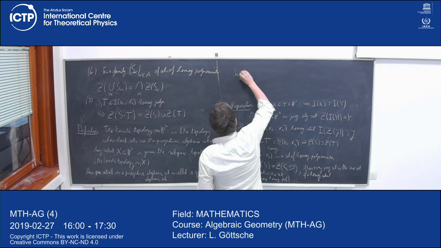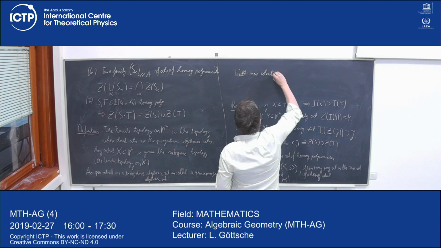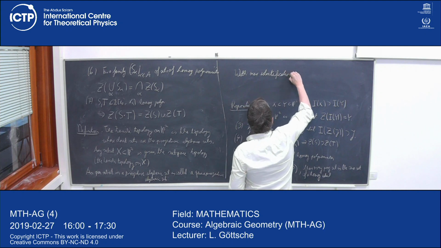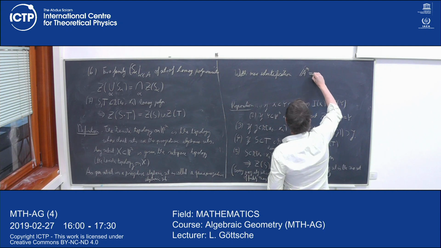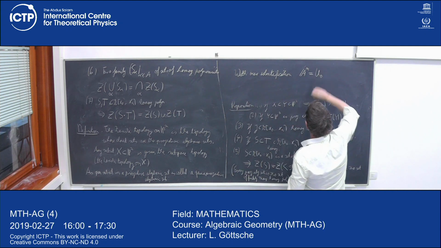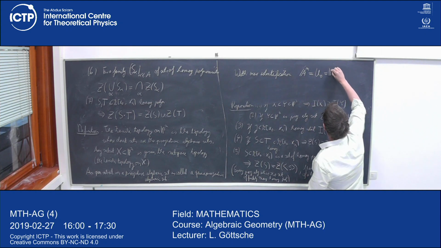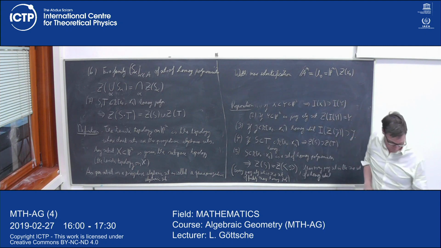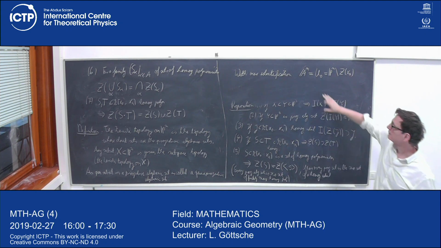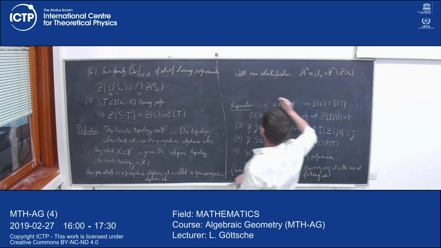So with our identification that An is just considered to be equal to this subset U0, which is Pn without the hyperplane at infinity, which is the zero set of X0, we see, therefore, that An is a complement of a closed set, so it is an open subset. We get that An is quasi-projective.